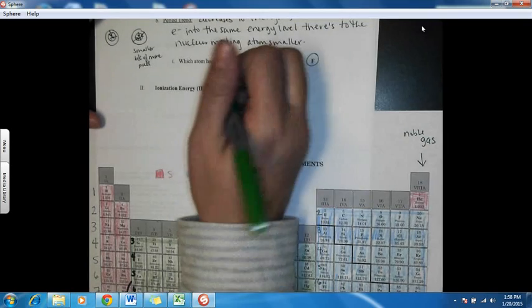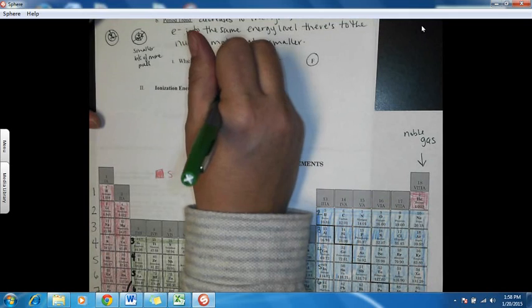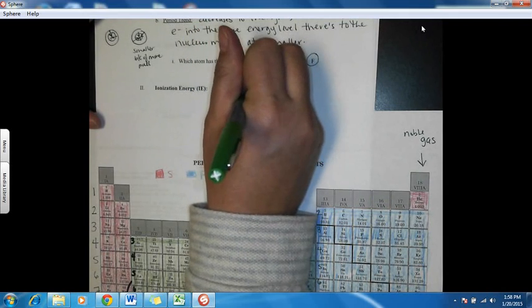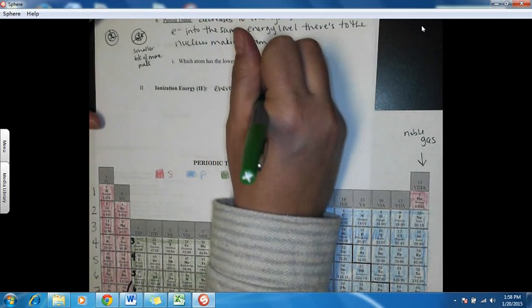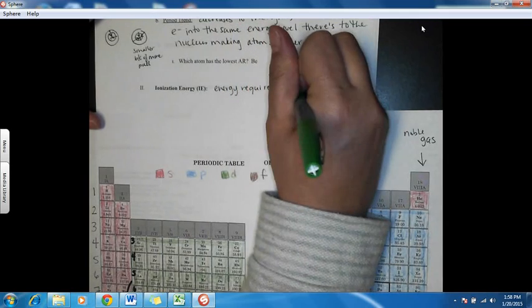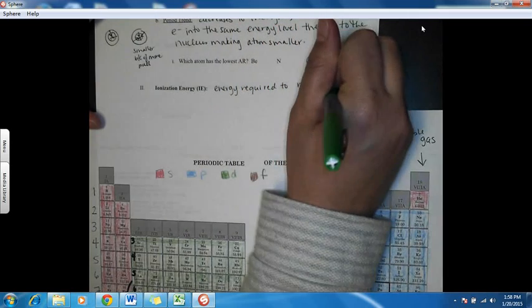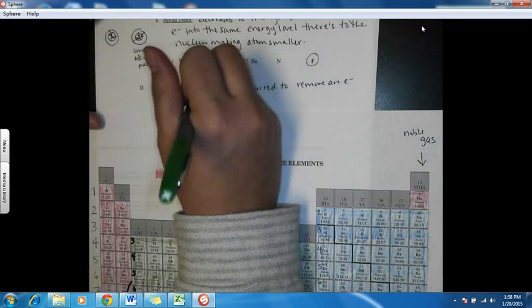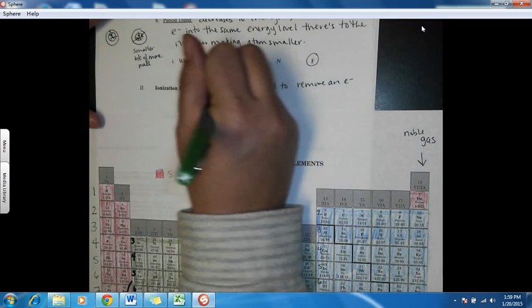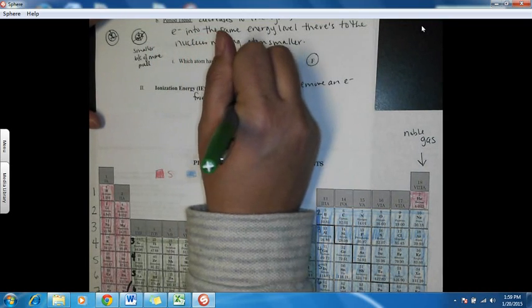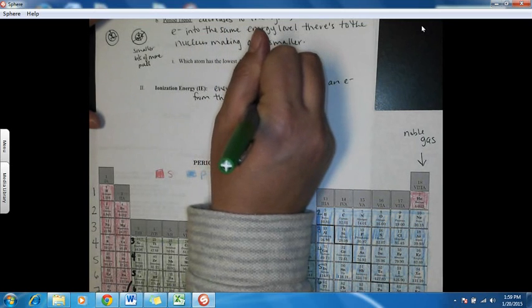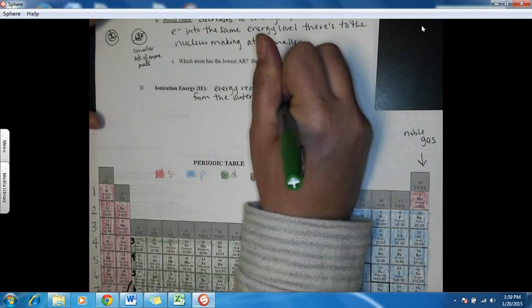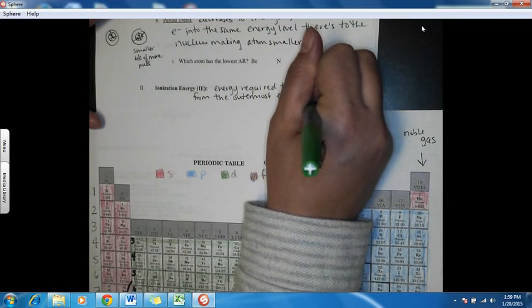Ionization energy. The definition for ionization energy is the energy required to remove an electron from the outermost energy level. Right?